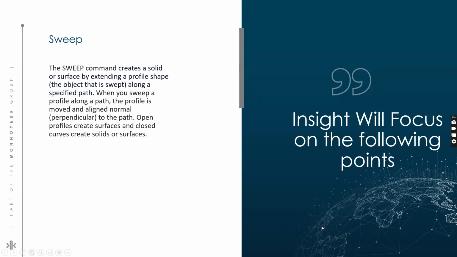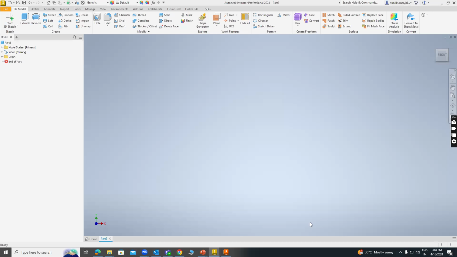Let's move into the Inventor software and see how to perform the sweep command. As we can see, this is my Autodesk Inventor Professional 2024 screen, and for the sweep command we will create a profile and a path.